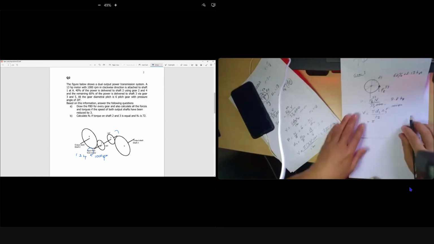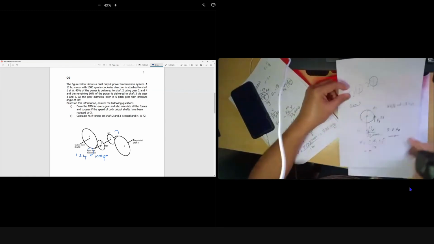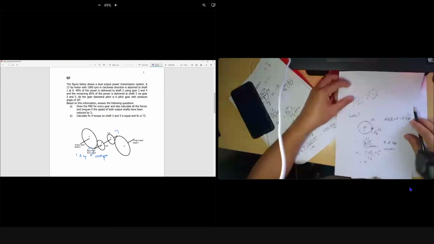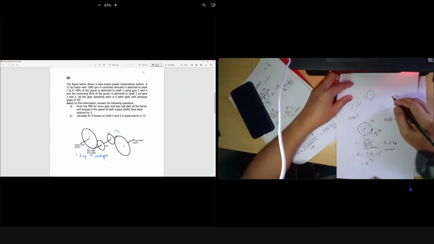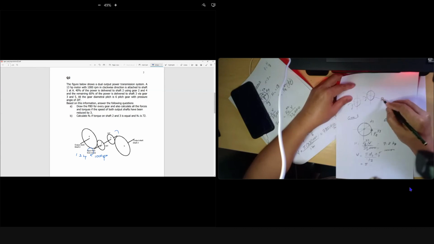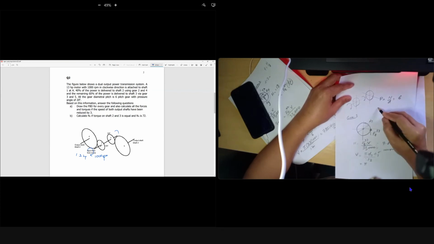What is the diameter 3? Gear 3's diameter is how much? Since given your diameter pitch is 6, the diameter pitch is N over D, which is 6. So diameter 3 is N3 over P. N3 is 18, over diameter pitch 6.